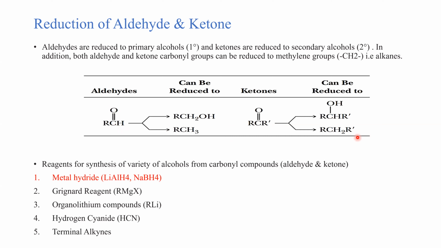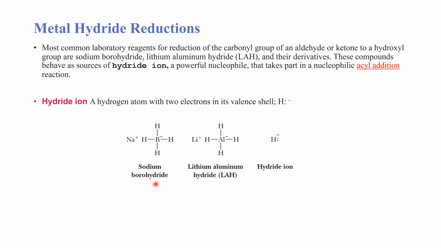So what we are discussing today is getting the product alcohols by reacting with lithium aluminium hydride, simply called LAH, and sodium borohydride, also called NaBH4. These are the different reagents we are discussing today.